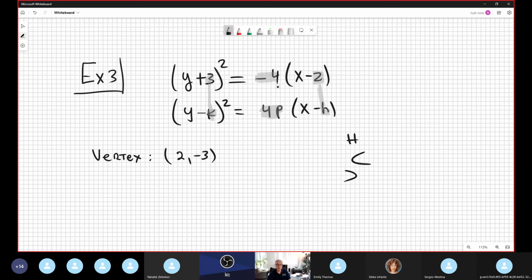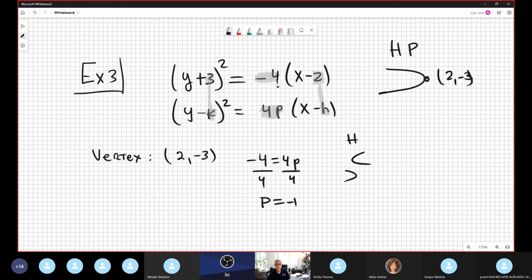In our specific example, it's obvious that p is negative. Divided by 4, p is negative. Therefore, we are in front of a horizontal parabola opening to the left. And by the way, this vertex is located at the point (2, -3). Okay?